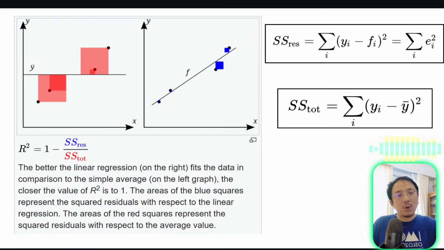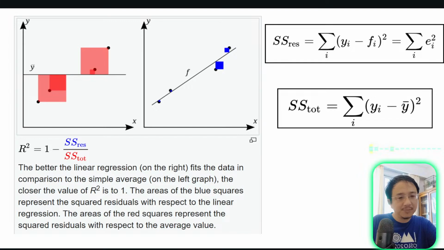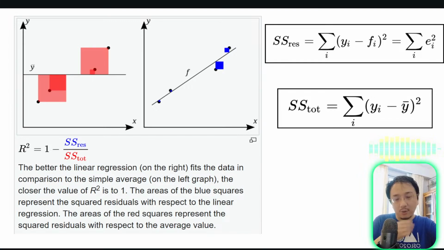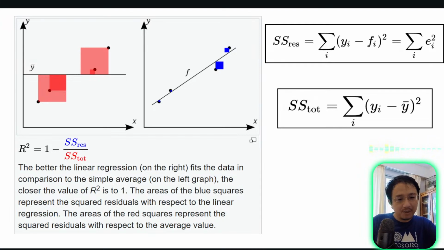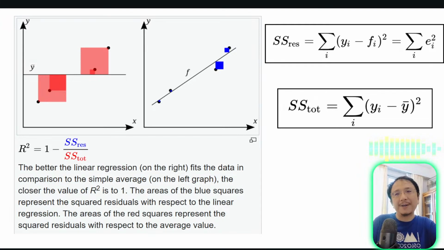So what is the score if we want to do the regression for, let's say, the least square loss or mean square error? One score is called the R-square score. It is very common for regression tasks, especially for the linear regression algorithm. It is a score to see how good your model is.